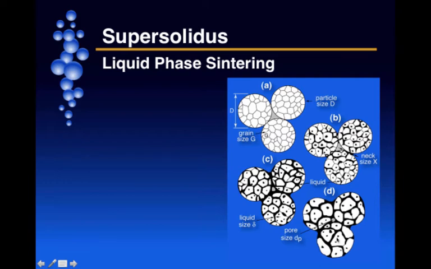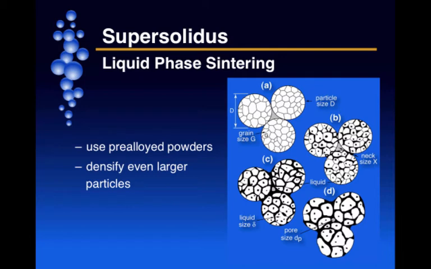There's severe particle rearrangement that can occur after that. Okay. So you use these with pre-alloyed powders, and so this is a strategy to use pre-alloyed powders and densify coarser particles than you might have otherwise.